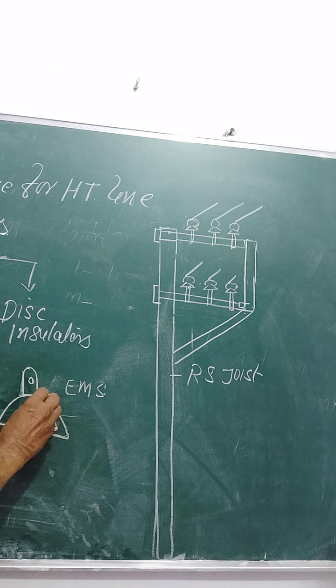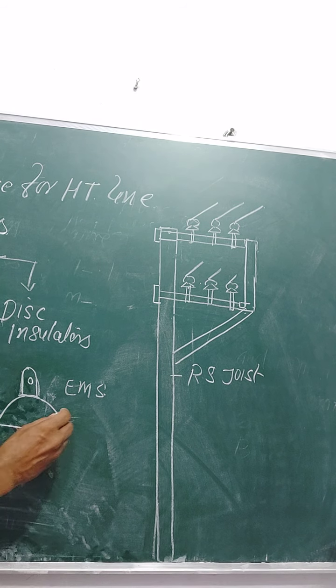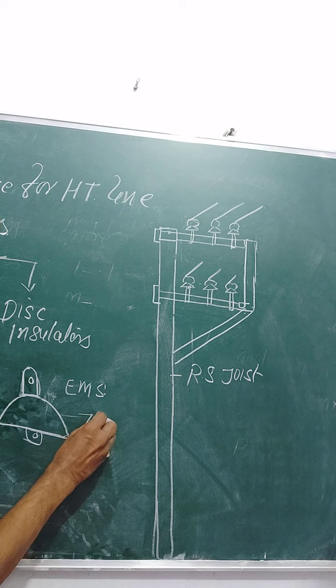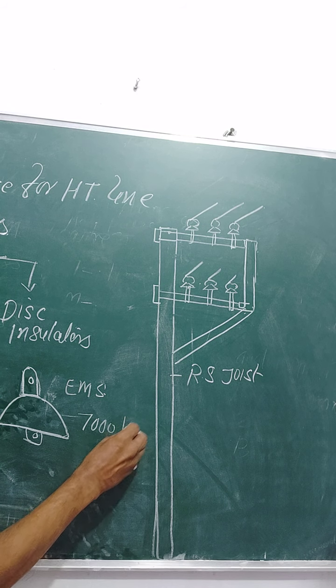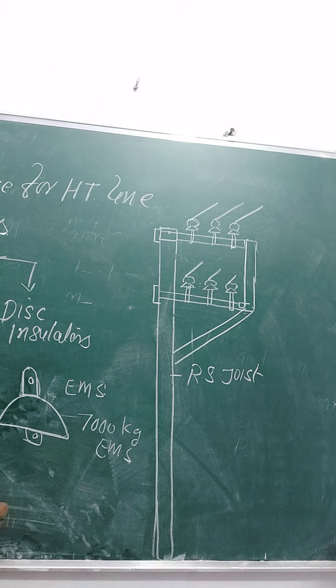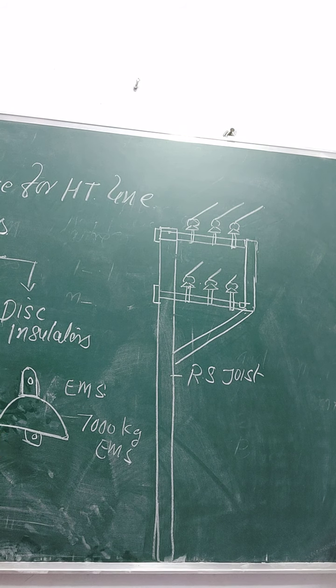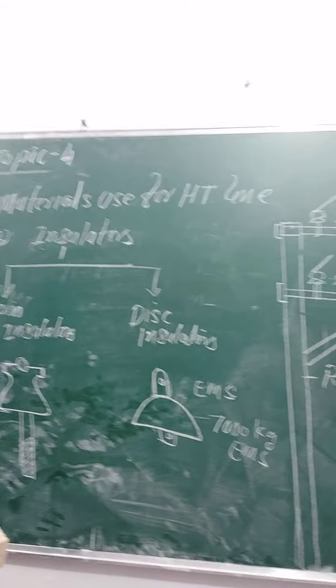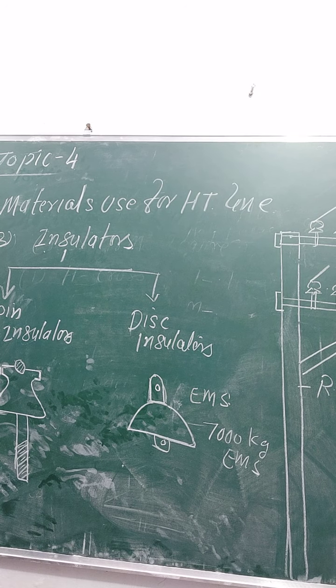According to that, they are selected for the line. Normally for 11 and 33 kV we use 7000 kg EMS value. So this insulator can be used one disc for 11 kV and 3 disc for 33 kV.